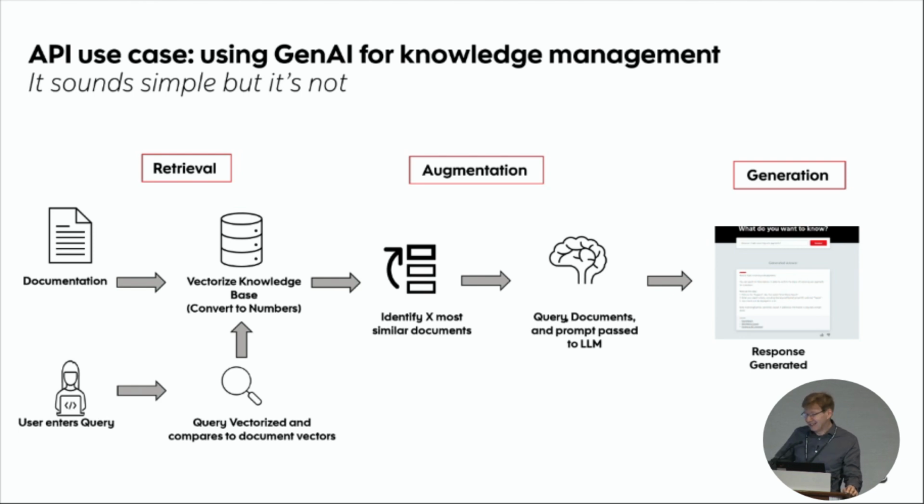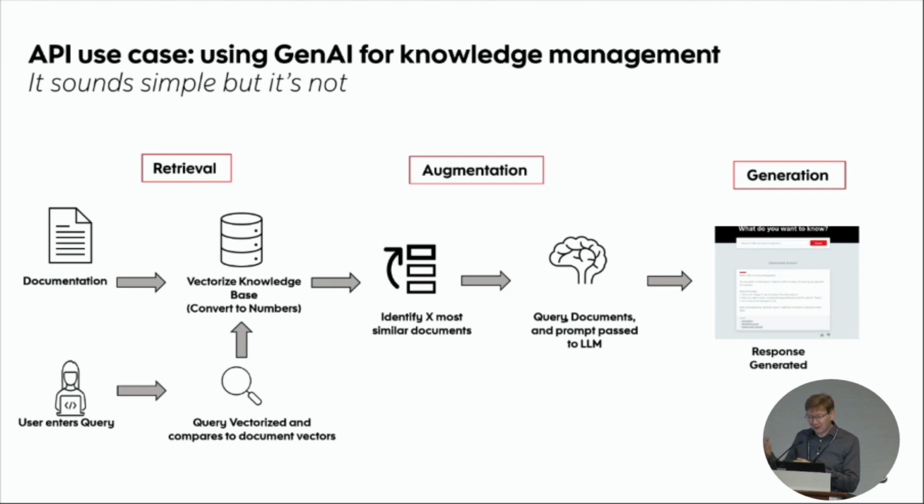So this is the general RAG methodology. You have a list of documents and a user query. You vectorize all your documents using specific embedding models, and you also vectorize your user query. Then you retrieve the documents that are the most semantically similar to the user query.